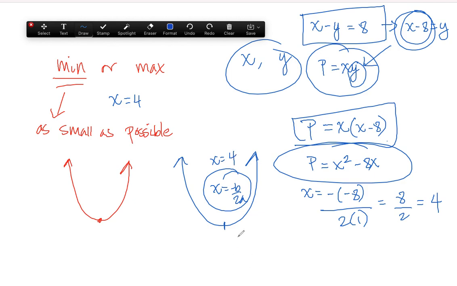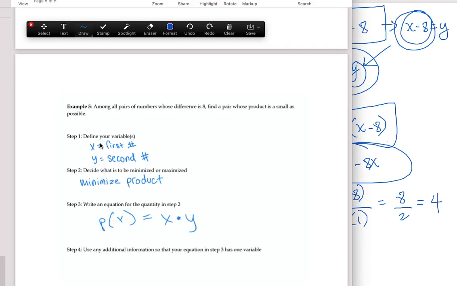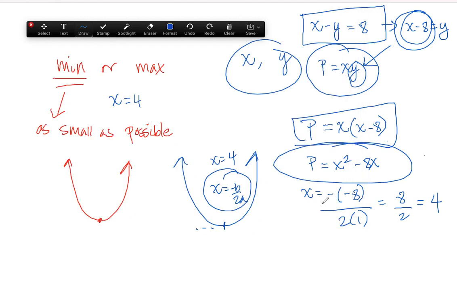And then, since we need to find the minimum value, what are they asking for? Find a pair whose product is as small as possible. So we need to find the value. So to find the value, what are we going to do? The minimum value.